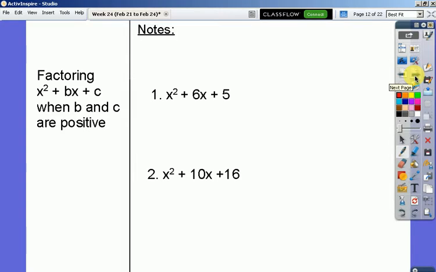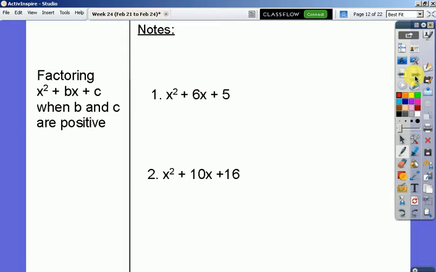Let's try one. Go ahead and write that down. We're going to attack this using the X method. And the more that we do these, you will find, hopefully, that you will no longer rely on that X method to come up with those numbers.